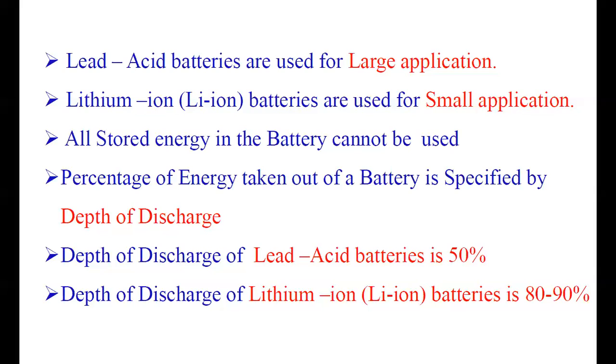For lead acid batteries, only 50% of the energy should be taken out, and in the case of lithium ion batteries, approximately 80 to 90% of the energy can be taken out. For lead acid batteries, it is very important that only 50% of the stored energy is used for producing the electrical output, and similarly in lithium ion batteries only 80 to 90% of the stored energy is used.